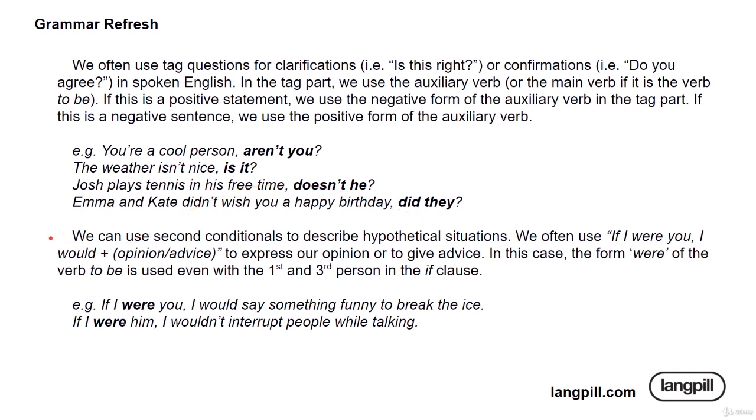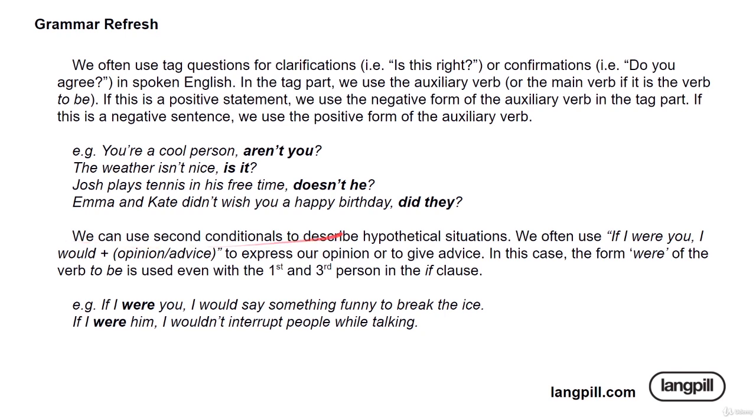The next thing we'll look at is how to use the second conditional to describe a hypothetical situation. A hypothetical situation is something that didn't happen, but it's possible. You're just thinking about in the future if it did happen.